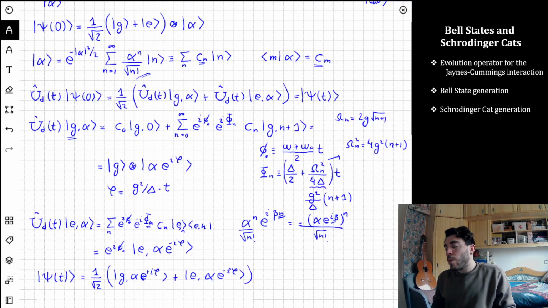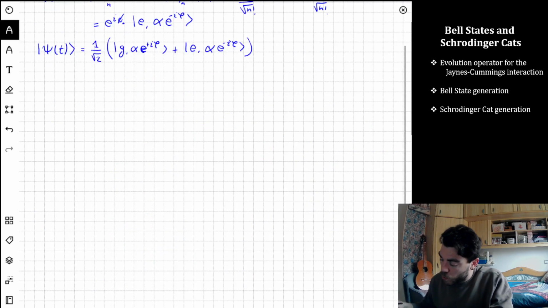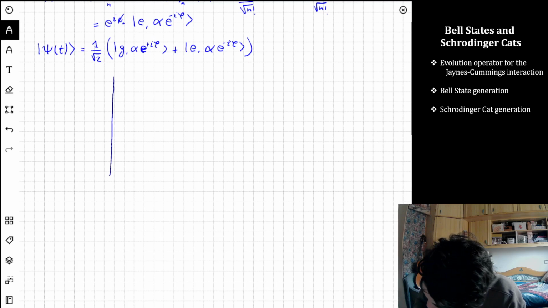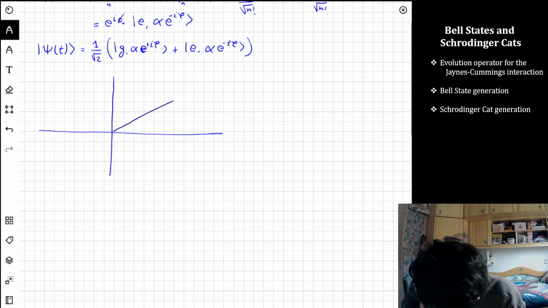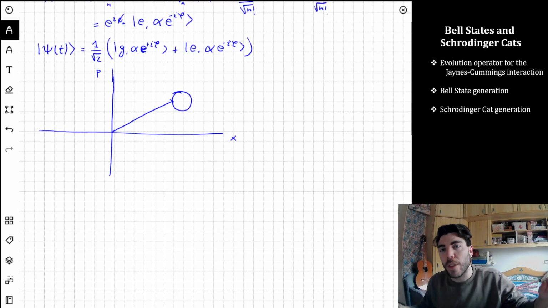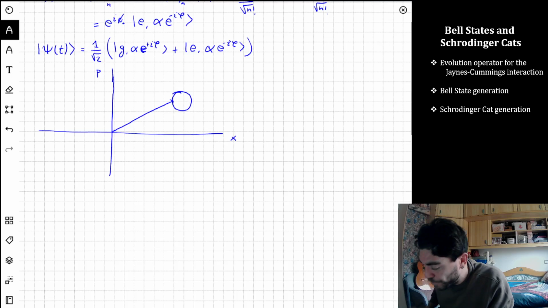But now if you know a little bit about coherent states, you would know that if we go to phase space and we have a state that is a coherent state in phase space, so this is x, and p, this is the phase space of the coherent state.